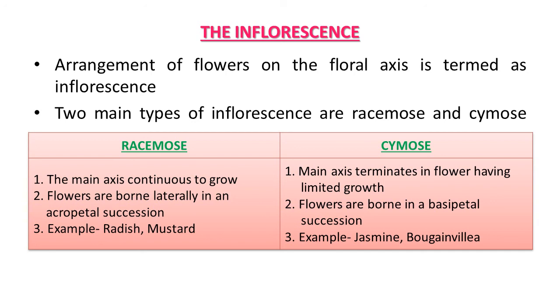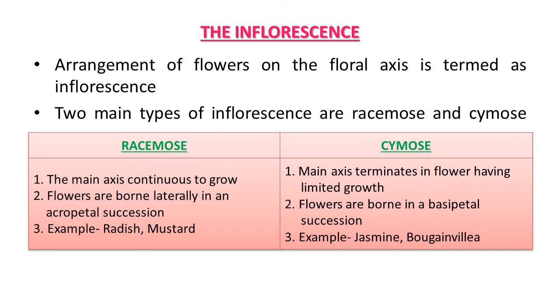In racemose inflorescence, flowers are borne laterally in an acropetal fashion. Now you have a clear idea about what acropetal succession is. But in cymose inflorescence, flowers are borne in a basipetal succession. So that's why it is different from the racemose type.